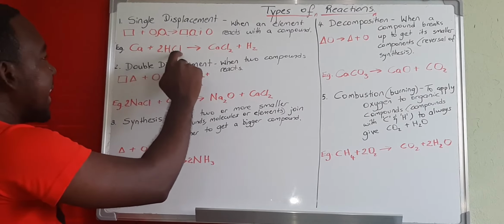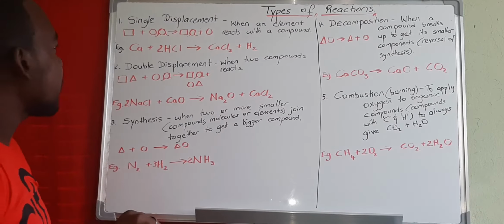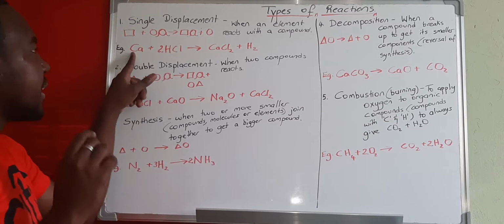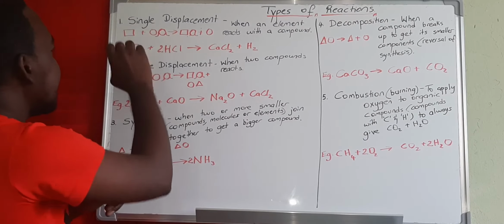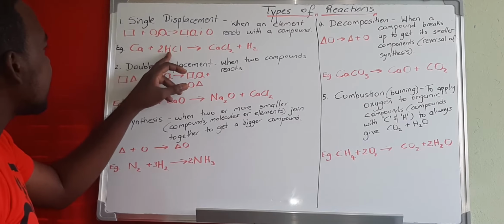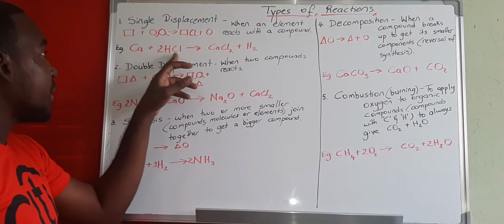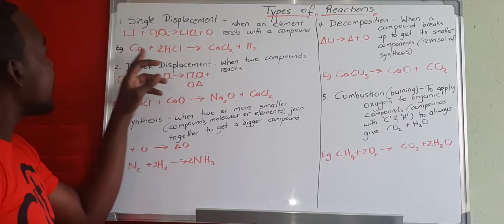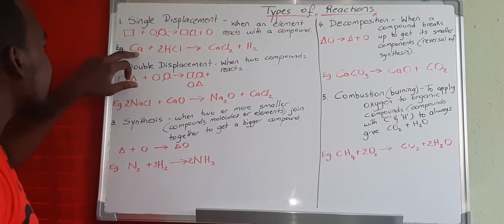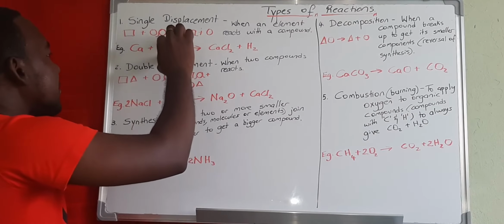Calcium plus hydrochloric acid to give calcium chloride and hydrogen gas. So we notice calcium is an element. It's not bonded to anything, so it's just Ca. So now it sees hydrogen being bonded to chlorine. So these are two elements, so we have a compound here. Because calcium is more reactive than hydrogen, it's going to take the place of hydrogen.